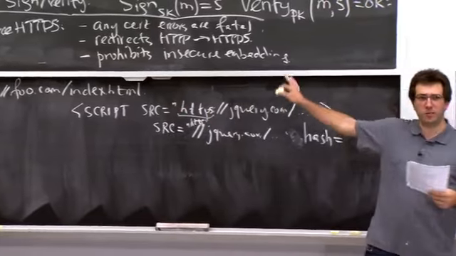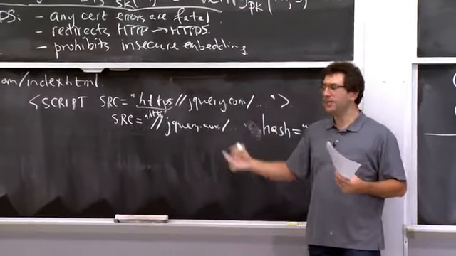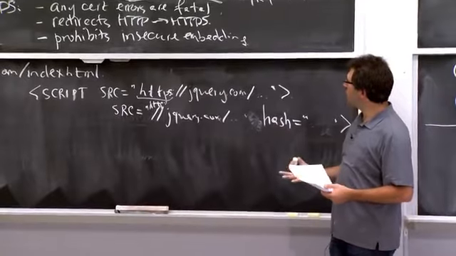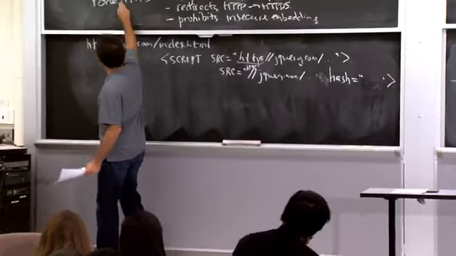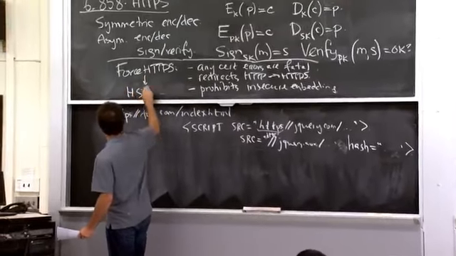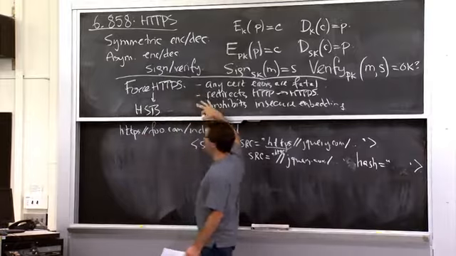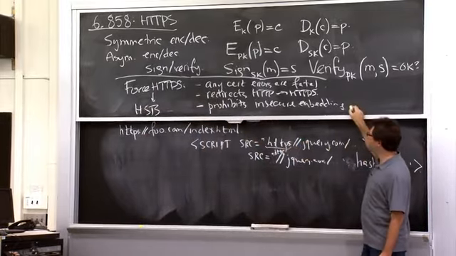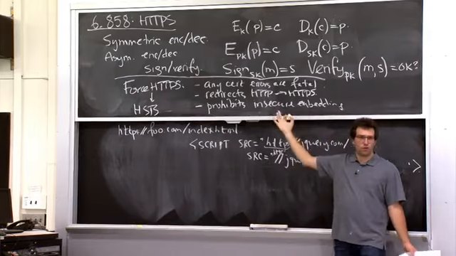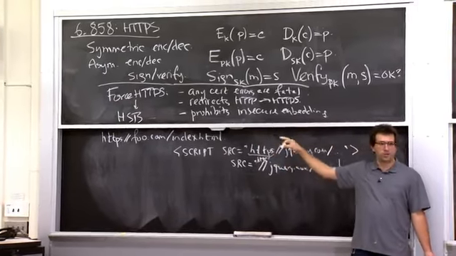So this is what the force HTTPS extension did. In terms of what's going on now, this HTTP Strict Transport Security, HSTS protocol, basically does the same things. Most browsers now prohibit insecure embedding by default. This used to be a little controversial because many developers had trouble with this.